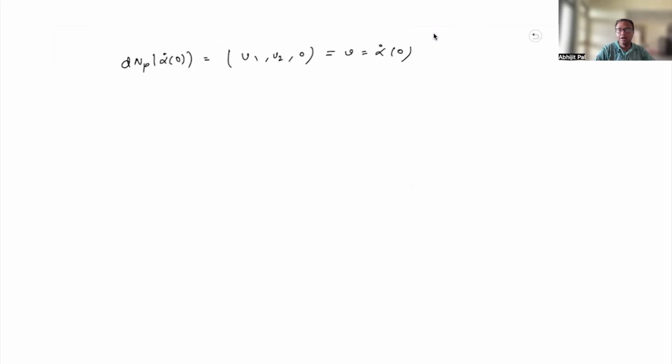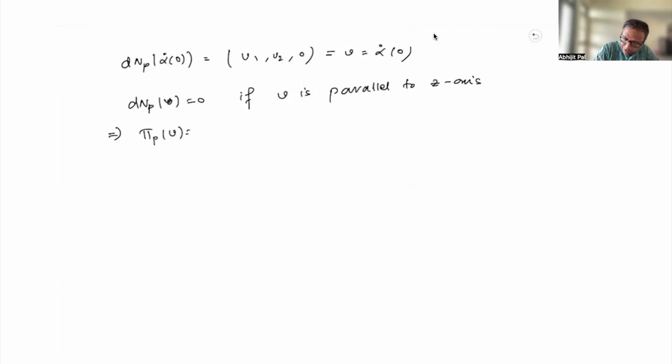So therefore, what we have now is that this second fundamental form depends upon these vectors. So dN_P is equal to 0 if B is parallel to the z axis, so this will imply that II_P(B) is equal to 0.